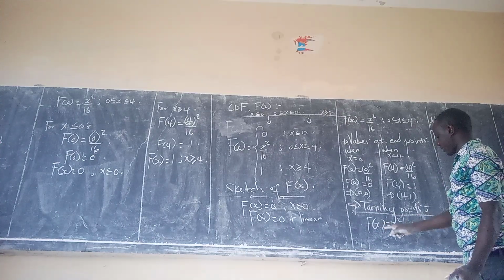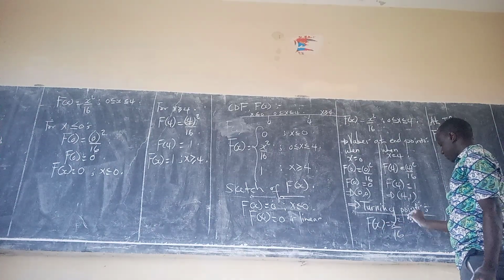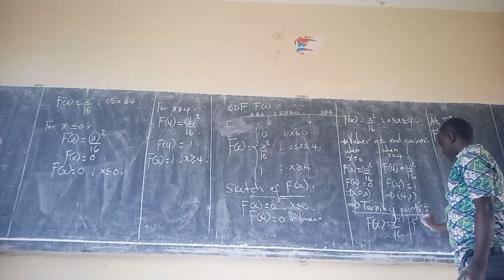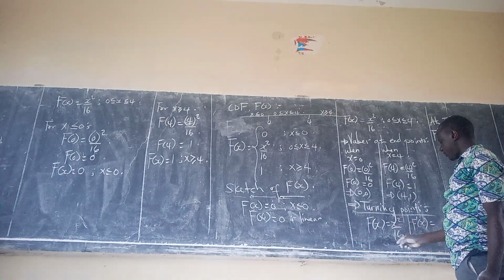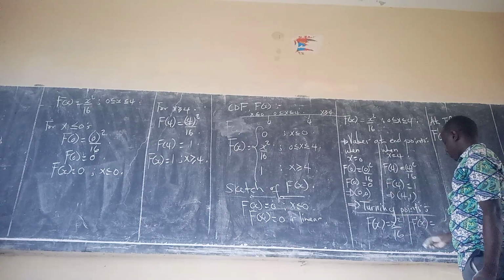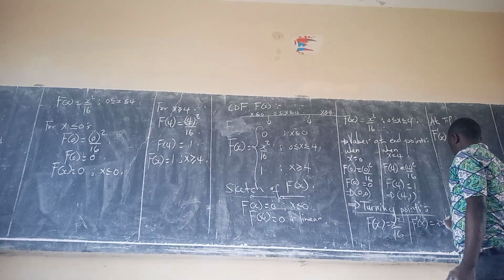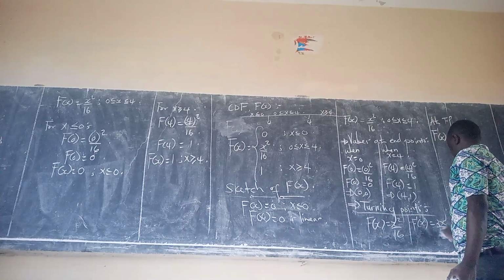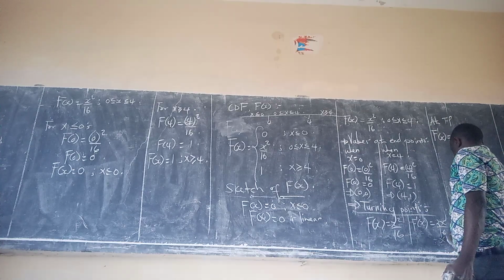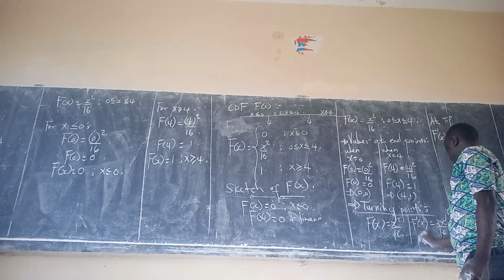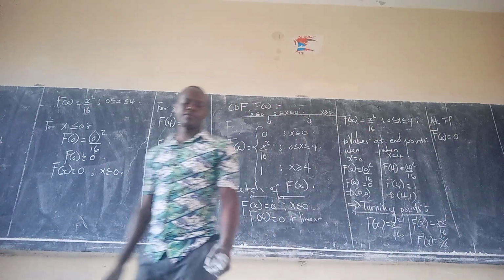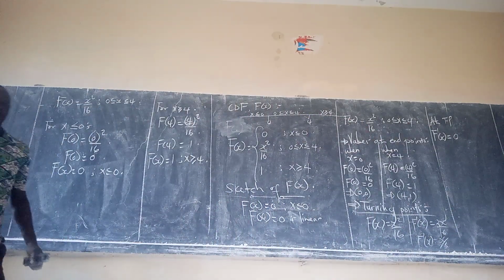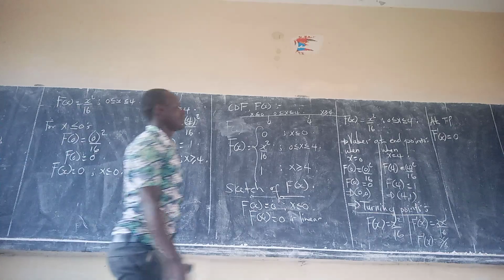If F of x is x squared over 16, then F prime of x is the first derivative of this. So you drop the 2 and reduce the power by 1, which becomes 2x over 16, which is as good as x over 8. That is the first derivative of our nonlinear CDF.